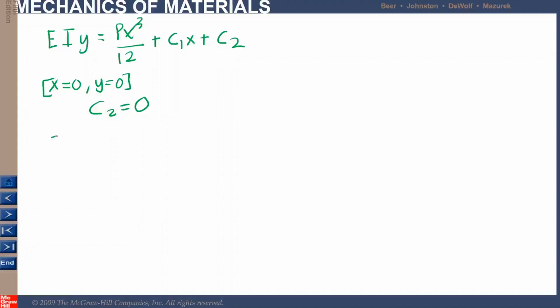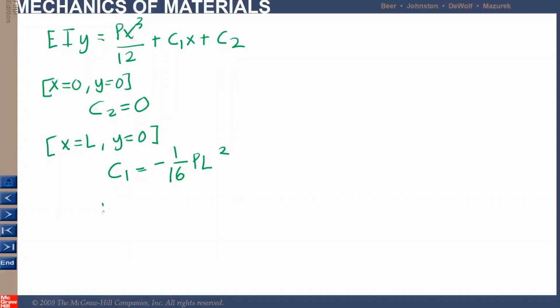And for the second condition in which x equal to L, y equal to 0, we can solve for C1 and we will get the value of C1 is equal to minus 1 over 16 PL square.